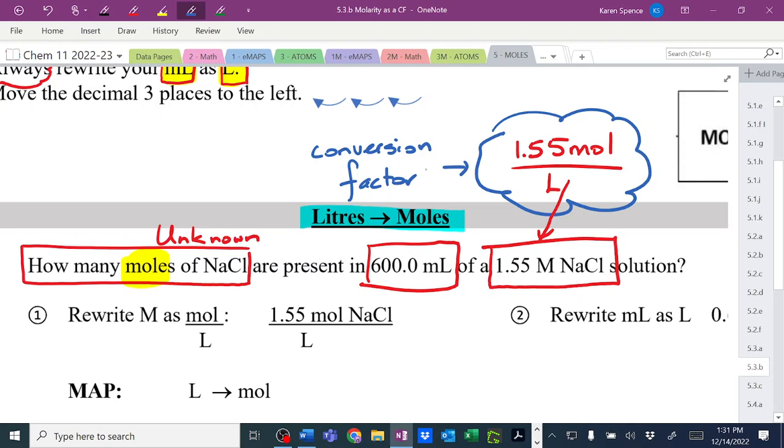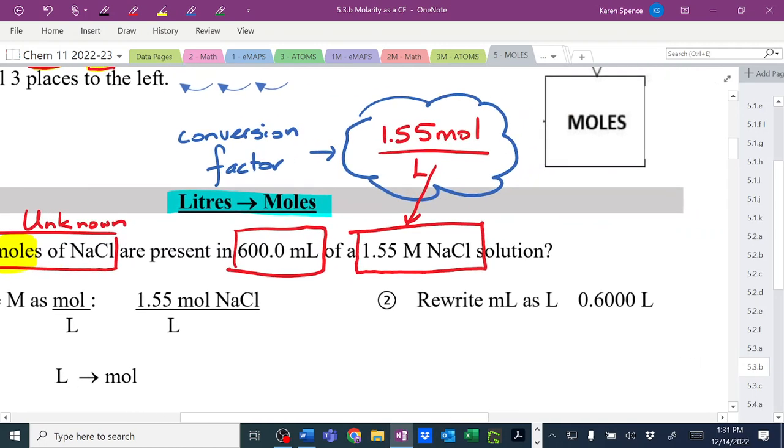And the other thing, because we're working in moles per liter, you want your volume to be in liters. So we're going to take 600.0 milliliters and move our decimal place 1, 2, 3 places over, which gives us 0.6000 liters.